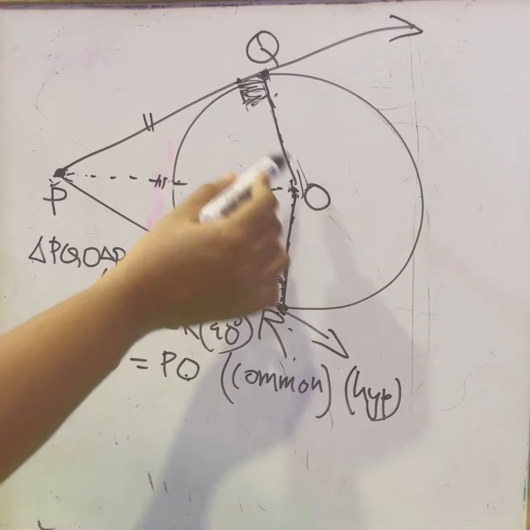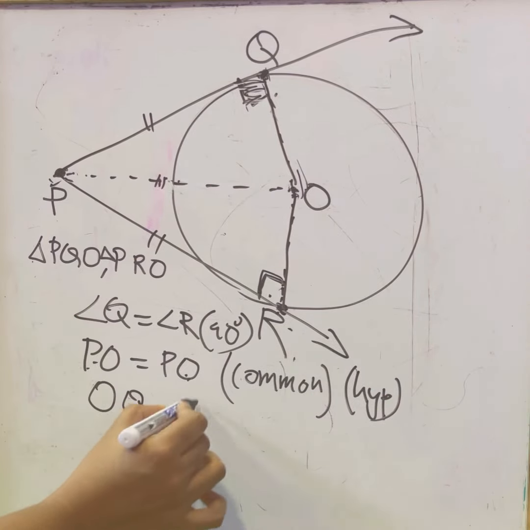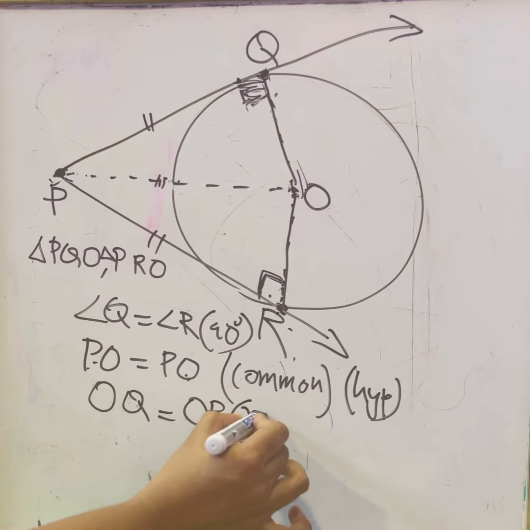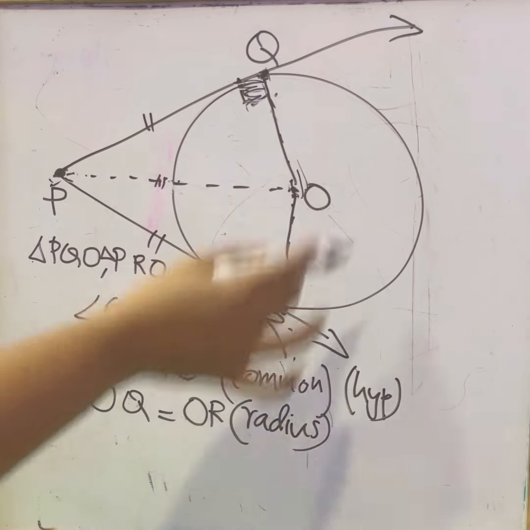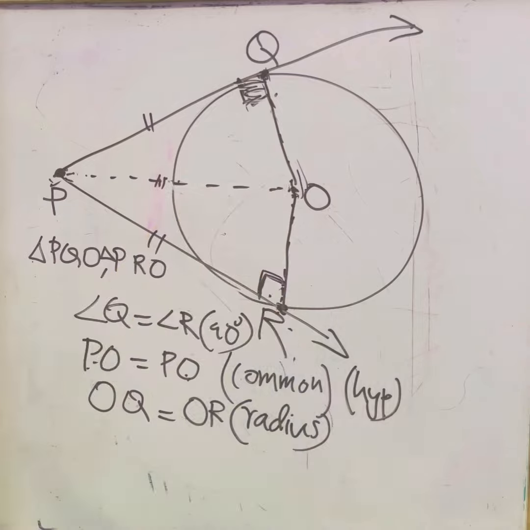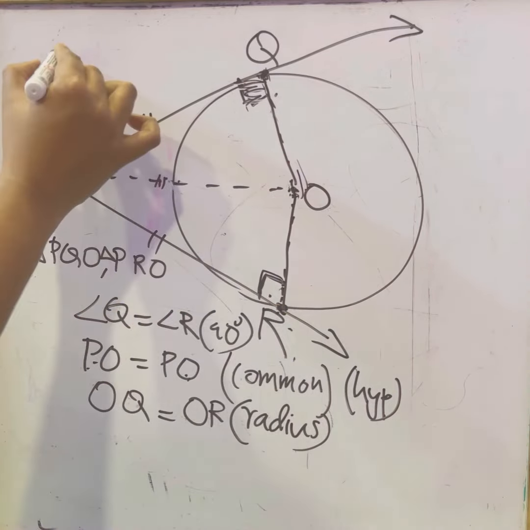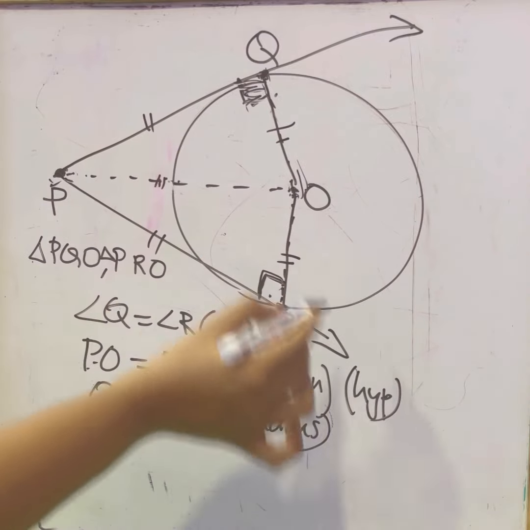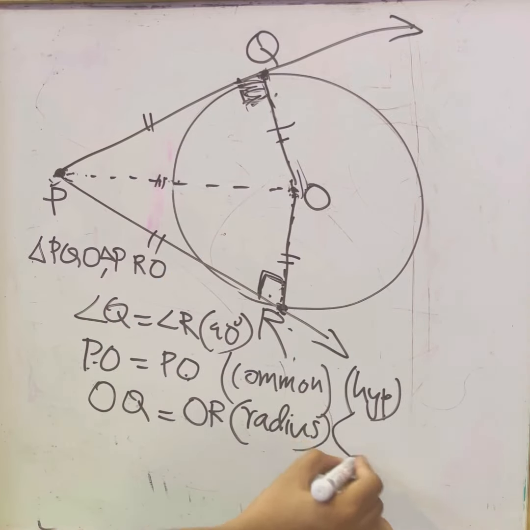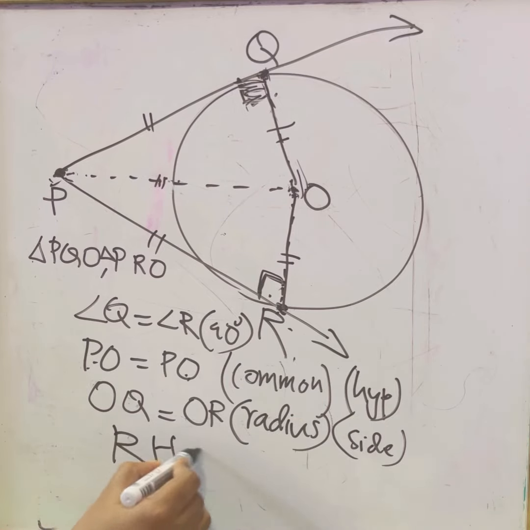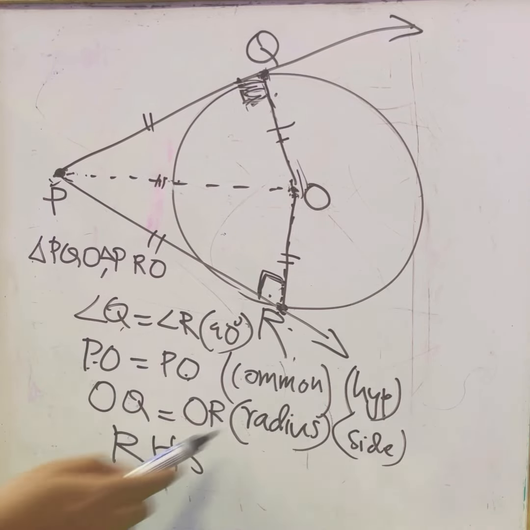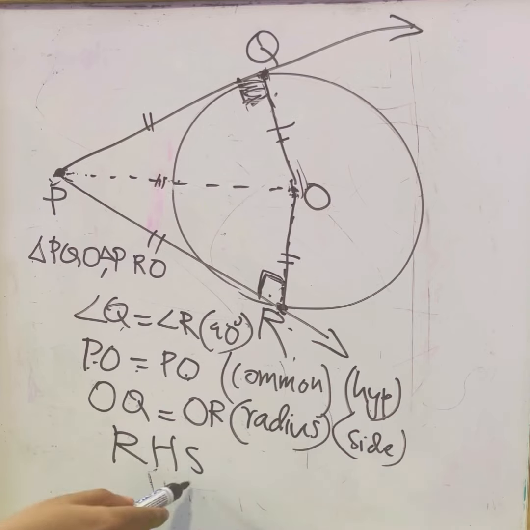Now coming to OQ and OR, they are equal because they are radii of a single circle. So all the radii will be equal, and those radii are actually sides of the right triangles. Now for RHS congruency: we have a right angle, the hypotenuses are equal, and a pair of sides are equal.